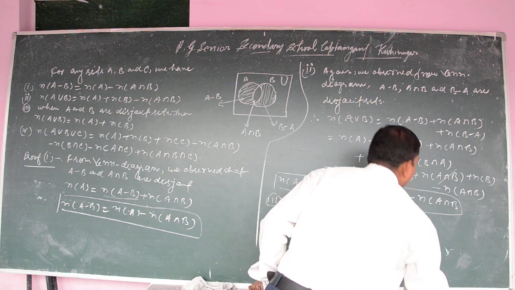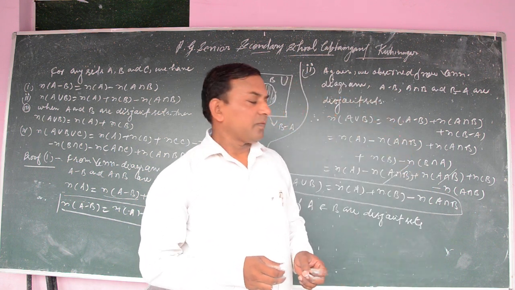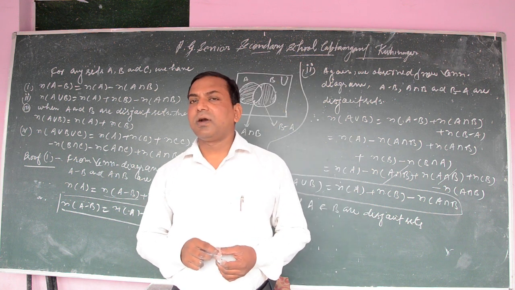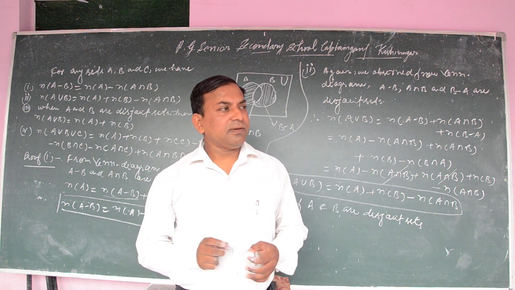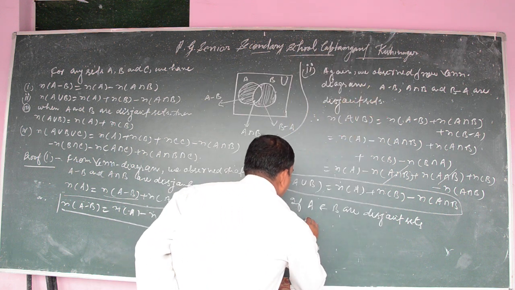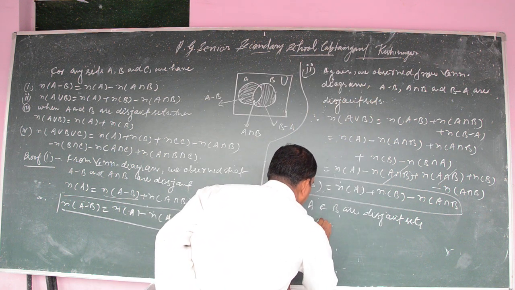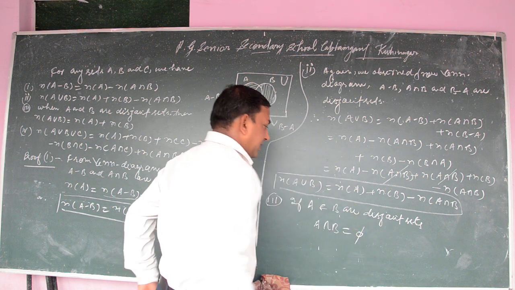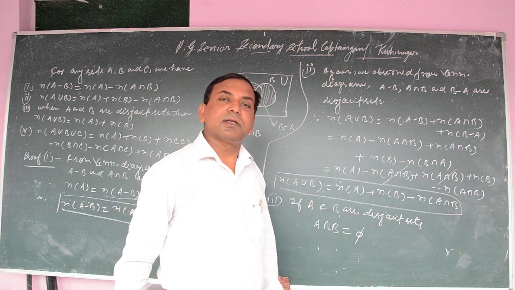Earlier we learned what a disjoint set is. Two sets A and B are called disjoint sets if their intersection is the empty set, that is, A intersection B equals empty set.